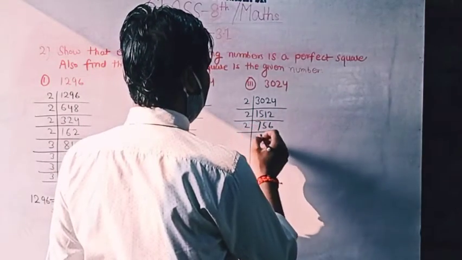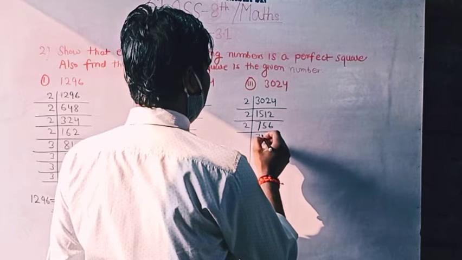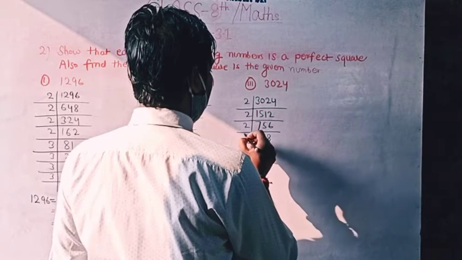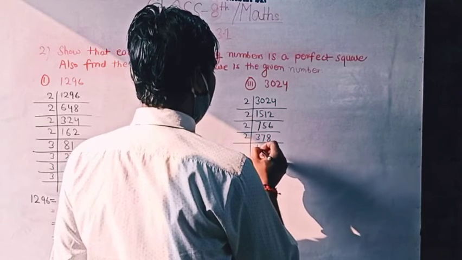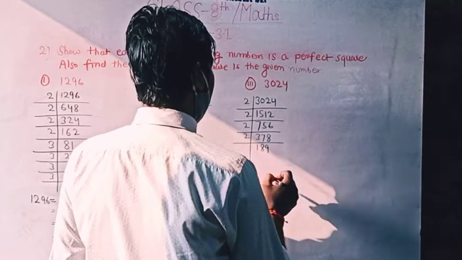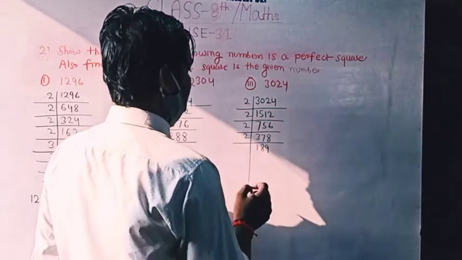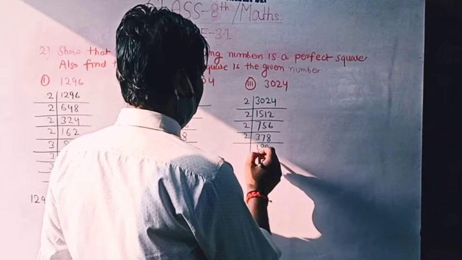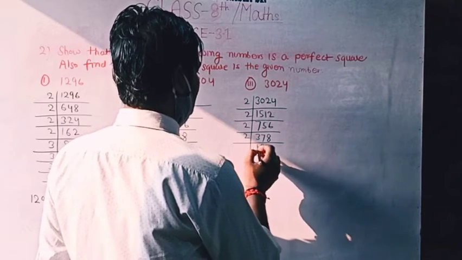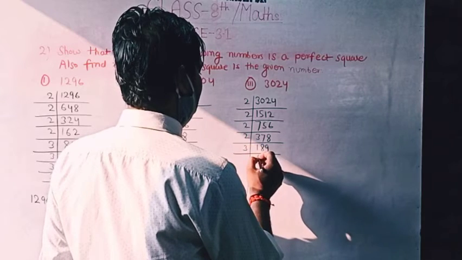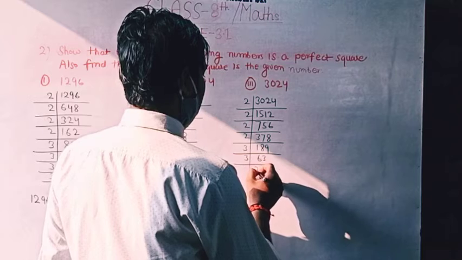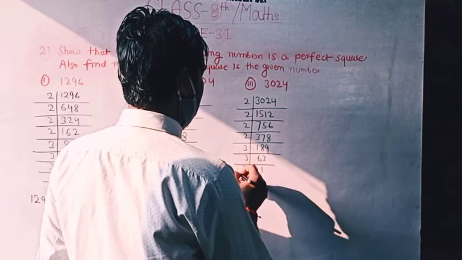And this is 2 3 is 6, 2 8 is 16, 2 1 is 2, 2 8 is 16, 2 9 is 18, and again this is divided by 3. This is 3 2 is 6, 3 1 is 3.